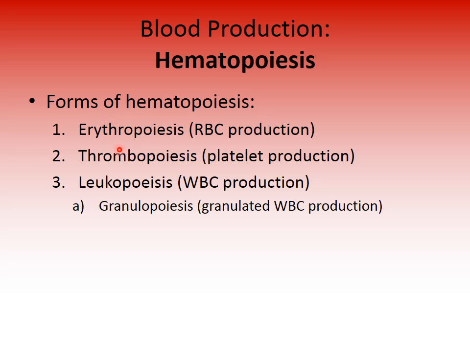We know that stands for red. Thrombo stands for thrombocyte, platelets, right? And then leuko stands for white, so we're referring to white blood cell production. And then specifically with the white blood cell production, remember there's granulocytes and agranulocytes. So when there's the production of the granulocytes specifically, it's called granulopoiesis, which is the granulated white blood cell production.